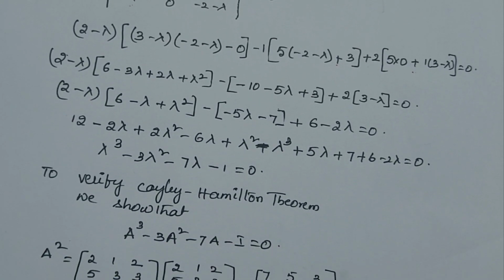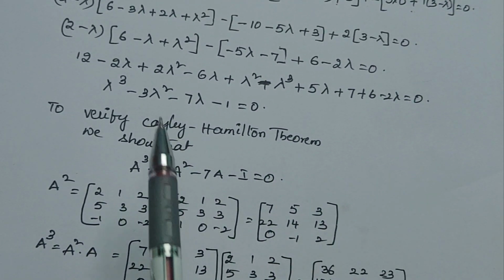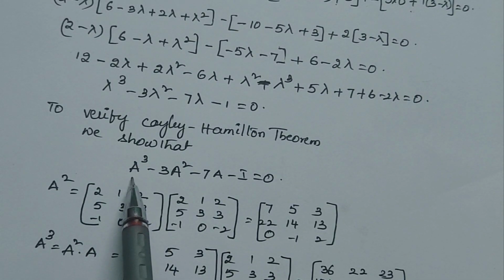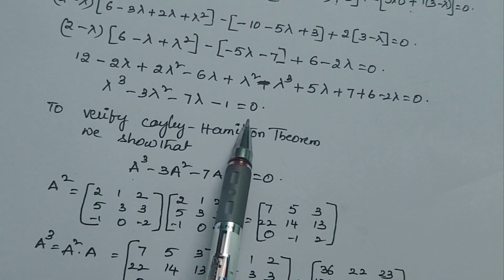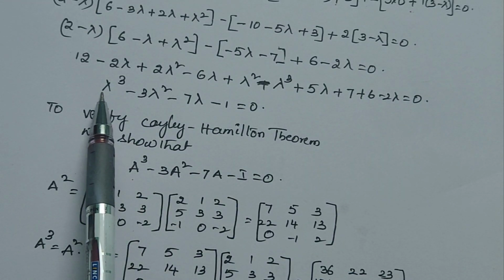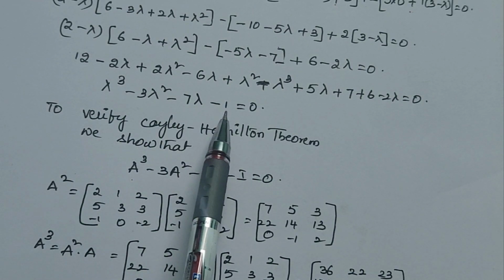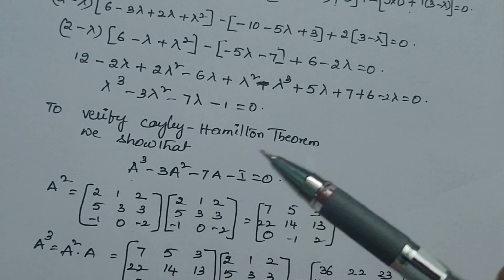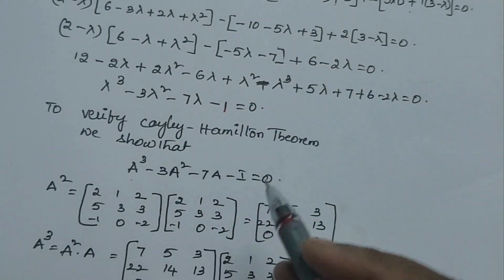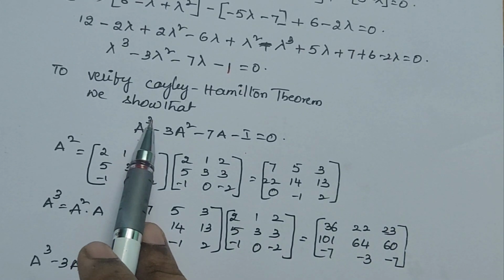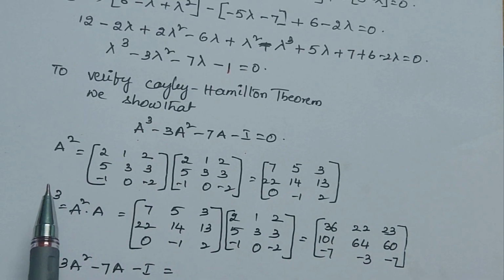Now we will verify the Cayley-Hamilton theorem. We have to show that the given square matrix A satisfies the characteristic equation. Now substitute A cube minus 3A square minus 7A minus, in place of 1 keep the identity matrix I, equal to 0. For this A cube, first find A square.